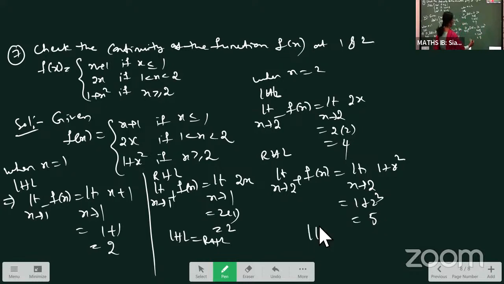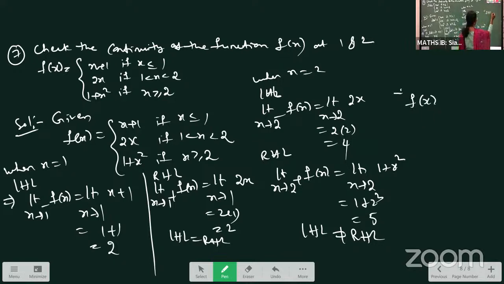Here, left hand limit is 4 and right hand limit is 5. Are they equal? They are not equal. So left hand limit is not equal to right hand limit. It means it is not continuous when x is equal to 2. But f of x is continuous when x is equal to 1. Both together you have to write.